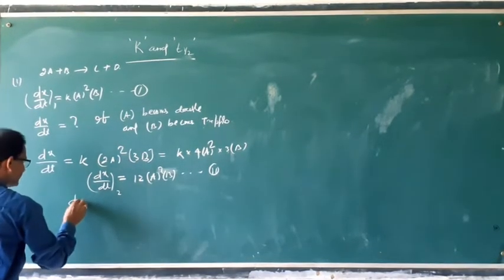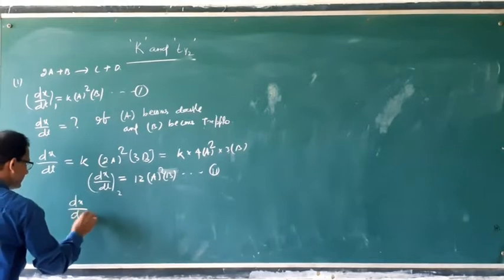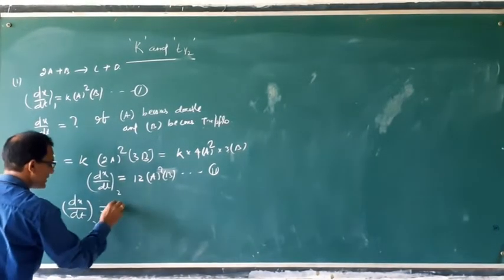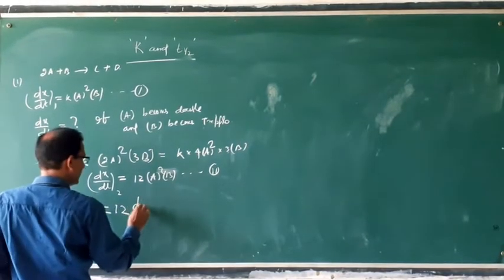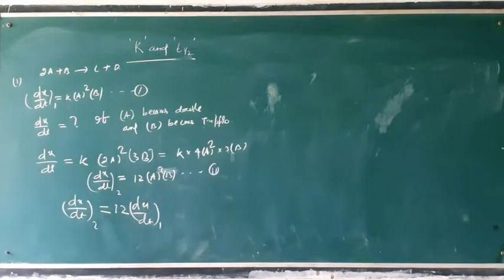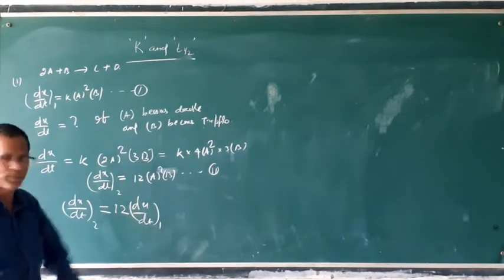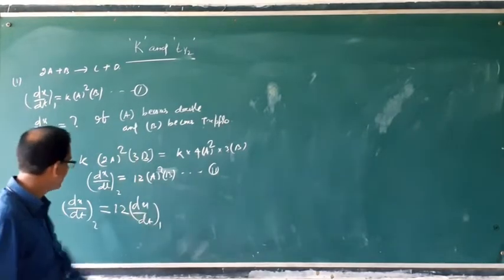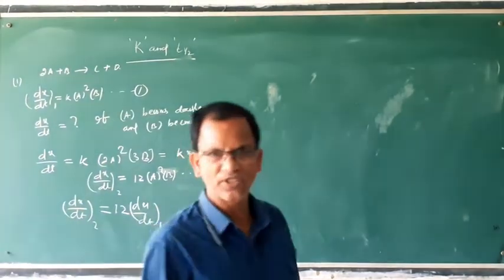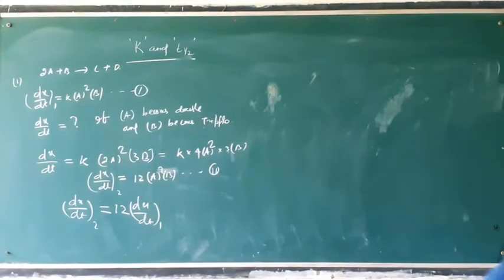That rate of second value is 12 times of rate of first. First rate and second rate, if you compare, by this data it is clear that the second rate, after changing concentration, is 12 times the first rate.